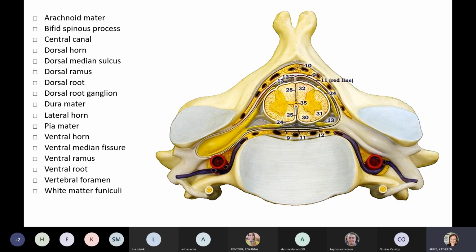Using what you know about directional terms, can you tell me where in the body would we find a cervical vertebra? Where in the body do we have cervical vertebrae? Where's that regional term cervical? What does that mean?